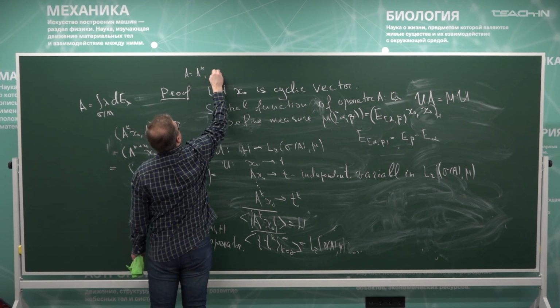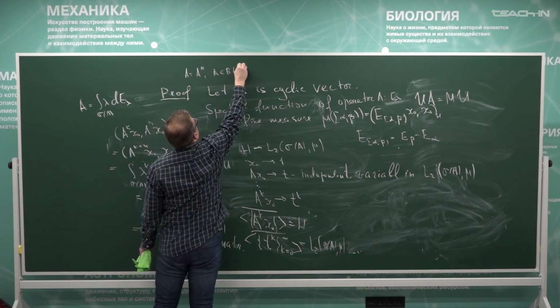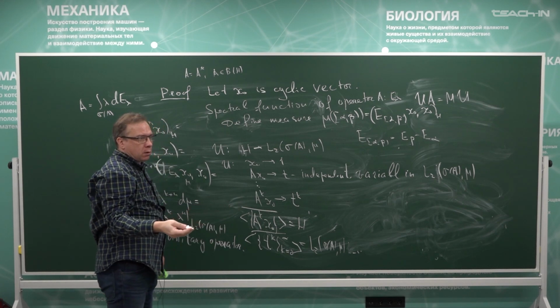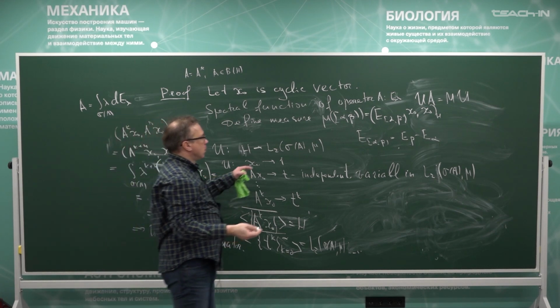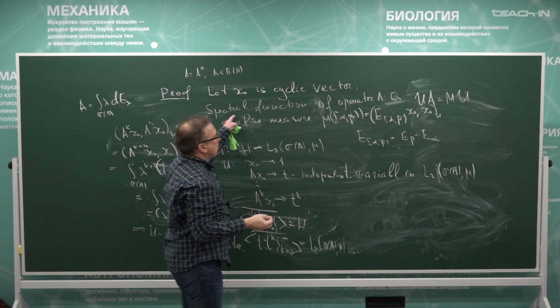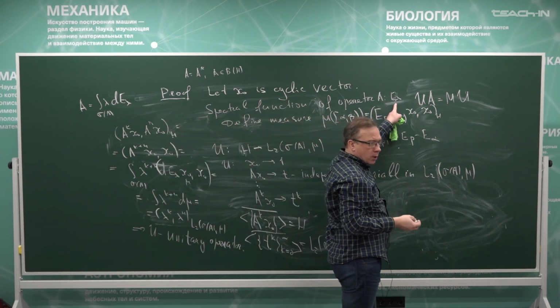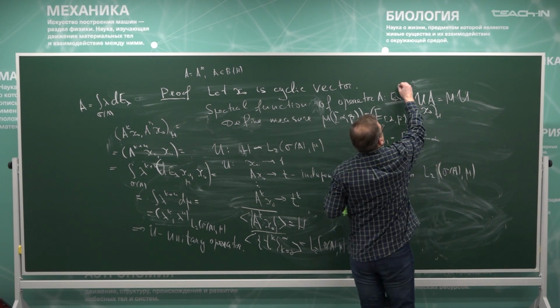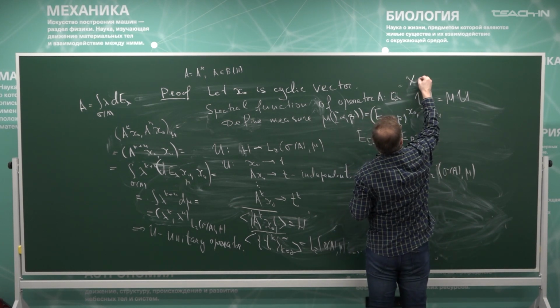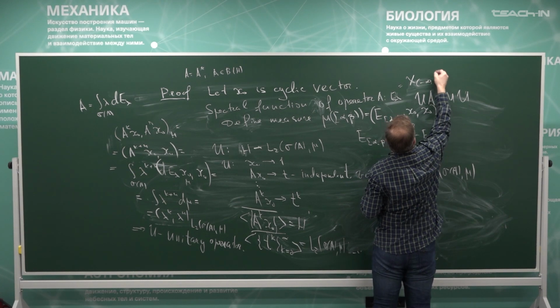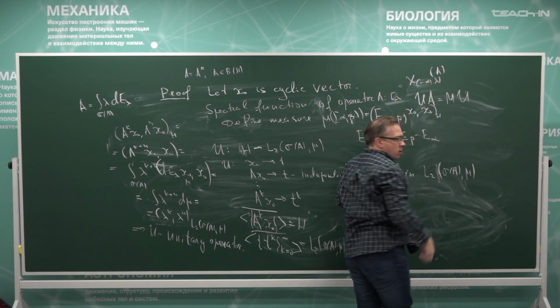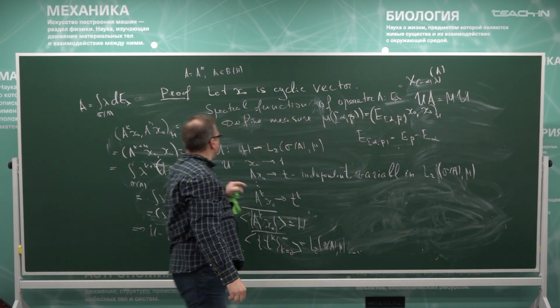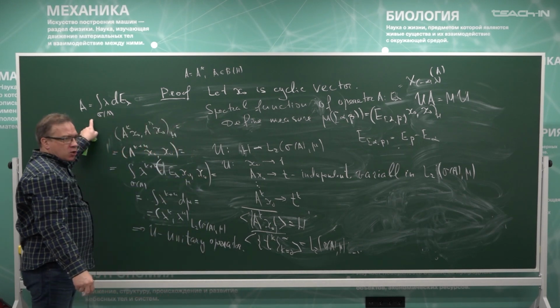We consider a bounded operator, and we have a cyclic vector. Then we know that any self-adjoint operator has a spectral function E lambda, the characteristic function of the interval from minus infinity to lambda of the operator A. We know that any operator has such a representation.